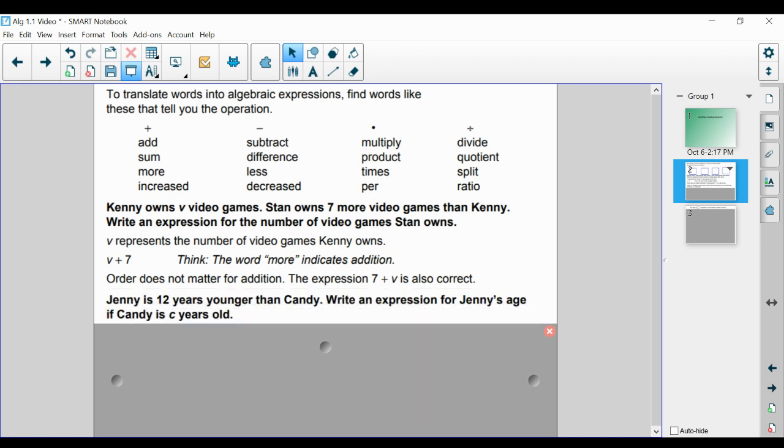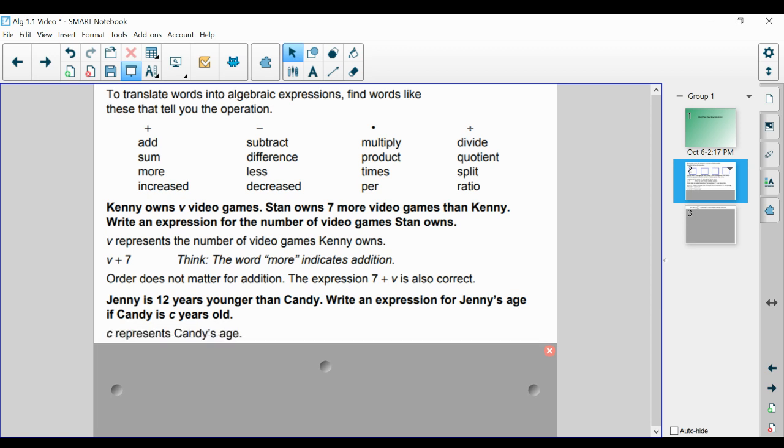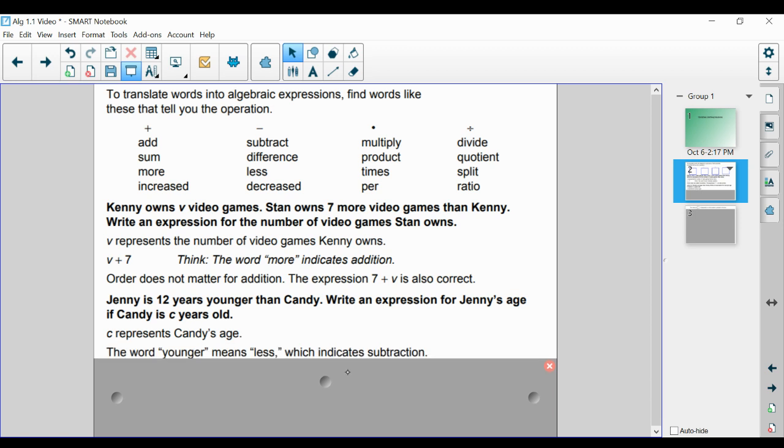Let's talk about another example. Jenny is 12 years younger than Candy. Write an expression for Jenny's age if Candy is C years old. Well, C represents Candy's age. We're identifying our variable. The word younger technically is less, which indicates that we're going to have subtraction.